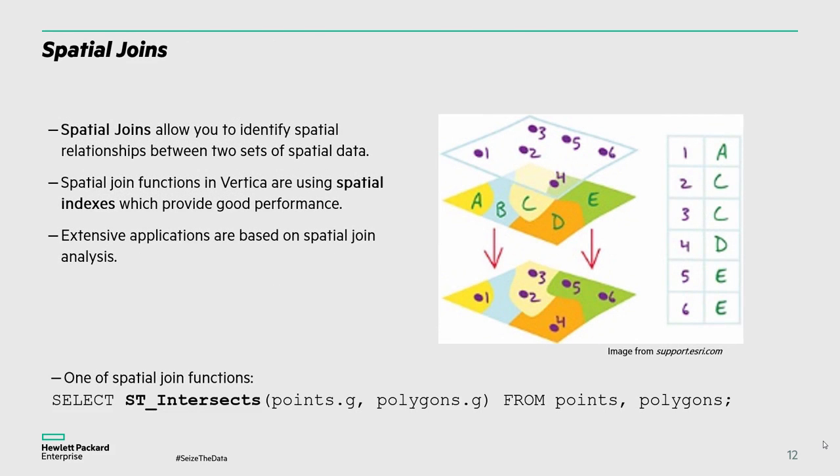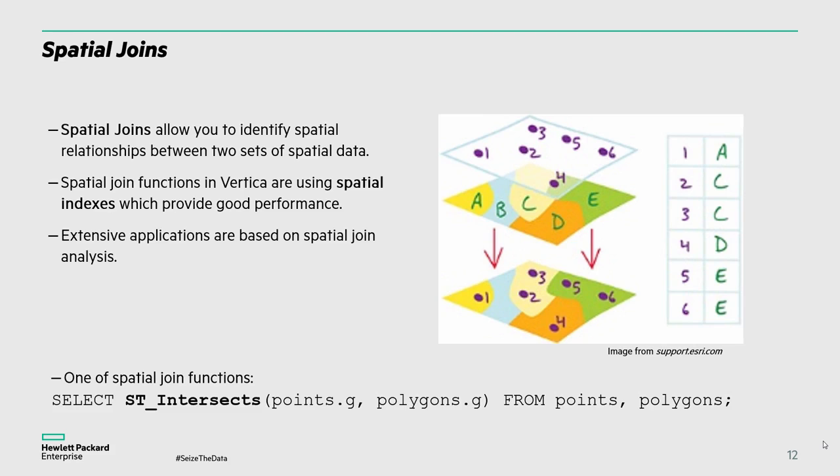Spatial joins are a group of commonly used spatial analysis functions. A spatial join allows you to find all the intersected pairs of two sets of objects. Let's take a look at the picture. It shows a simple example. At the top level, it's a point dataset: you have points 1, 2, 3, 4, 5, 6.